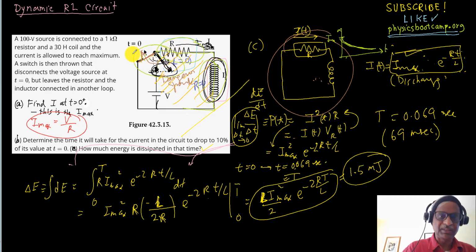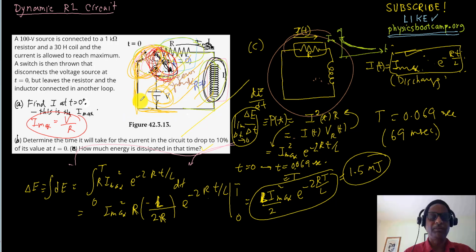You use a switch of this kind, and not this kind. This kind of switch is bad. You want a switch of this kind, which has a path that bypasses the source, but lets the current flow and die out slowly.